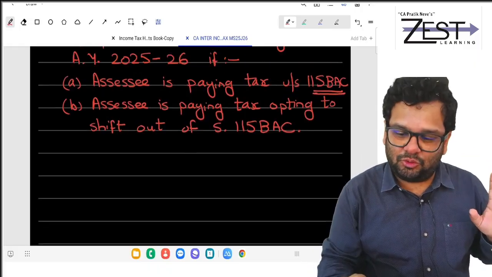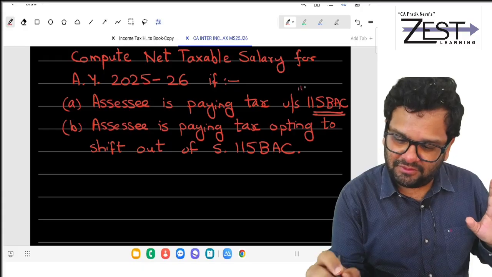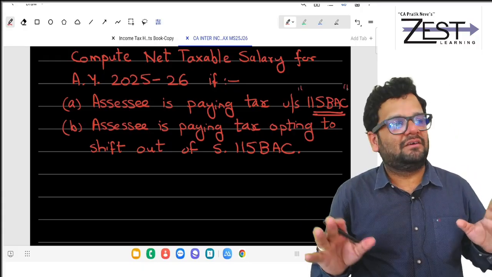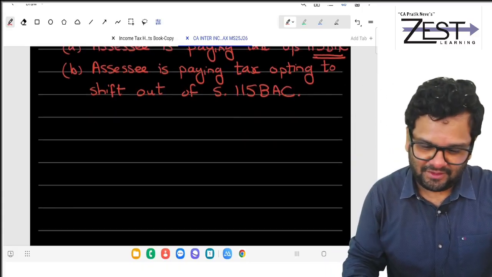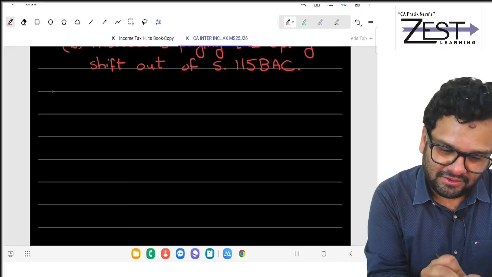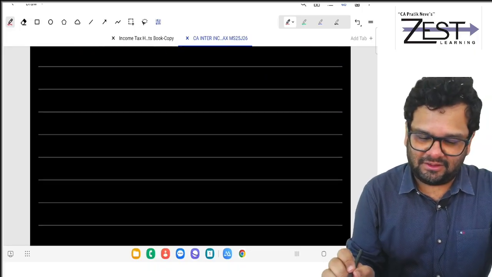First, we will do under 115BAC. But focus on that. Forget other point first. First, focus on 115BAC. So give the heading.